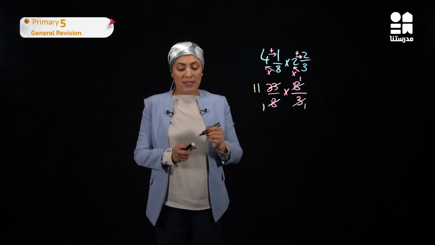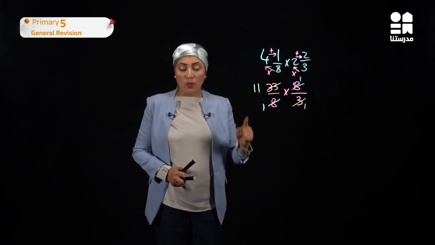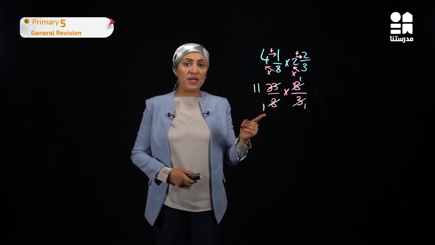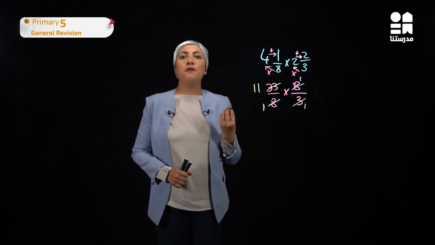Okay, now do I have anything else to simplify? When I deal with this type of question, I have to simplify to its simplest form. So if you look here, I have 11 in the first numerator, and I have 1 in the second numerator and the 2 denominators. So I have nothing else to simplify any further.